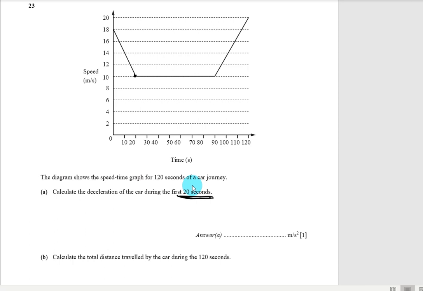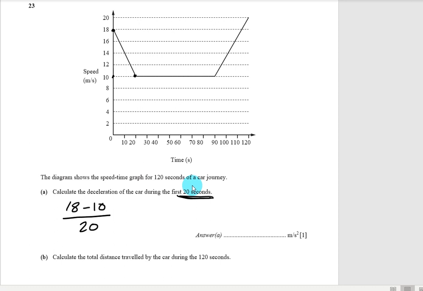In this 20 seconds, from 0 to 20, so the 0 is here, and then 20 is here. The change in speed is 18 minus 10, divided by the 20 seconds.